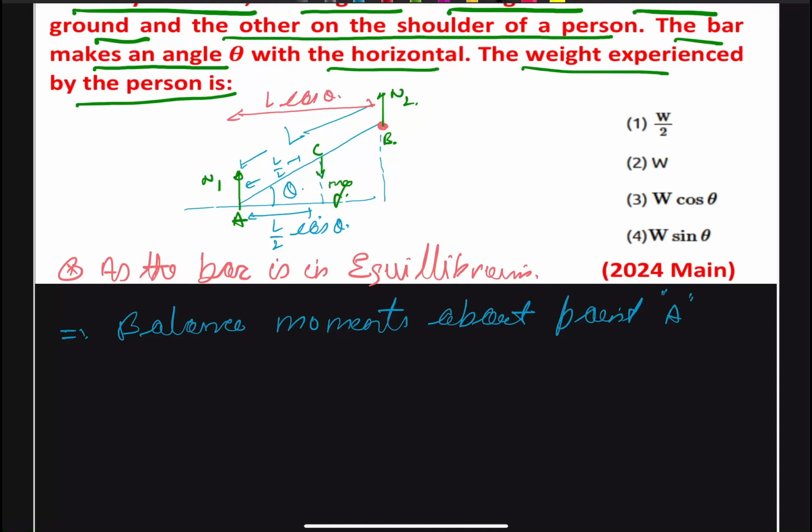Up till this point will be L cos theta, because we are going to find out the moment about point A.